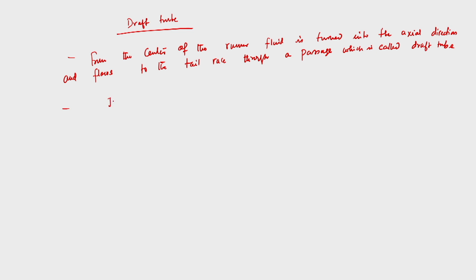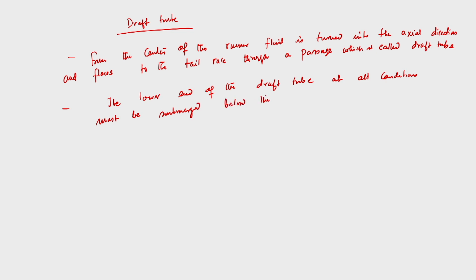This is very important, that the lower end of the draft tube, at all working conditions, must be submerged below the tailwater level, below the water in the tail race.